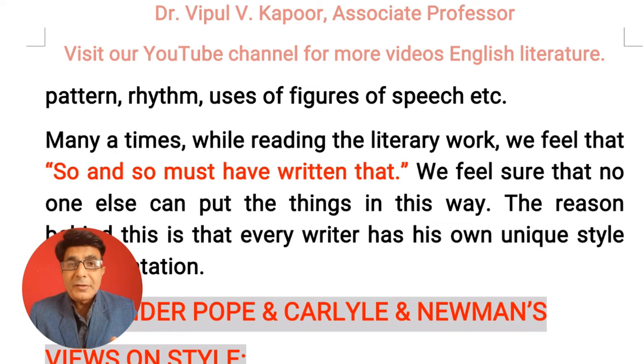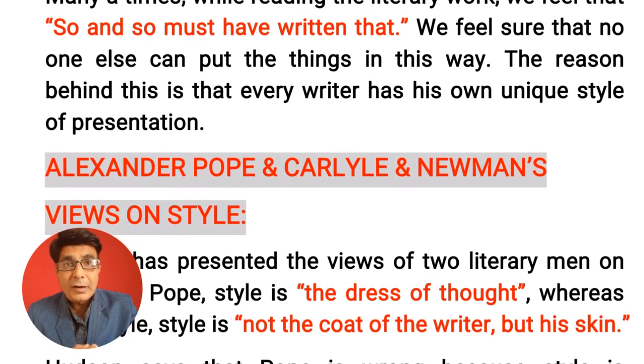Many times when we read literature, we feel that so and so writer must have written this particular work. How do we decide these things? We decide these things just by his or her use of language, his or her style which we find in that particular work of art.